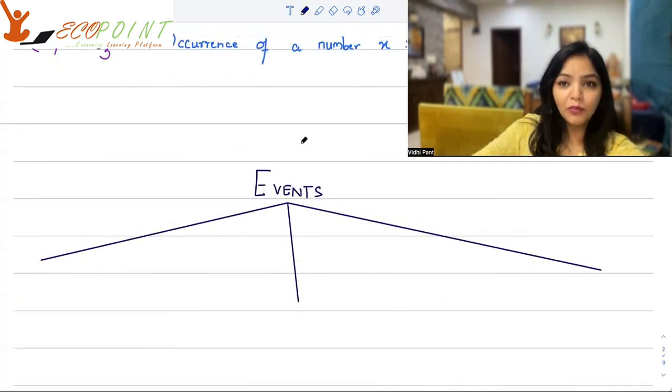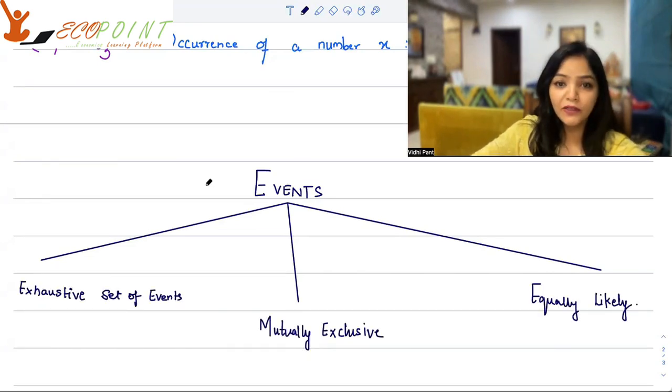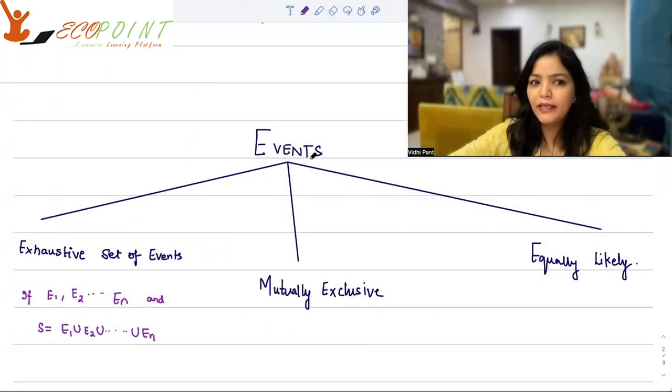Talking of events, we can broadly give the framework for three kinds of events. You can have exhaustive set of events, you can have mutually exclusive events, and you can have equally likely events. What do we mean by all these? What exactly do we mean by exhaustive set of events?